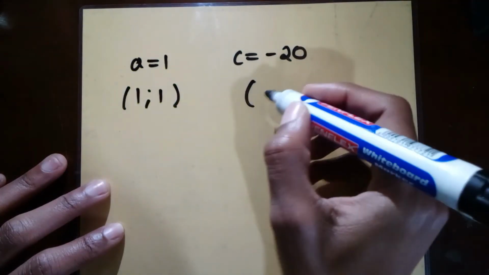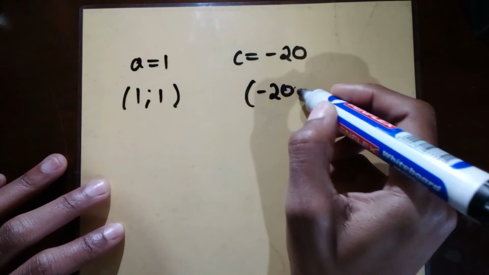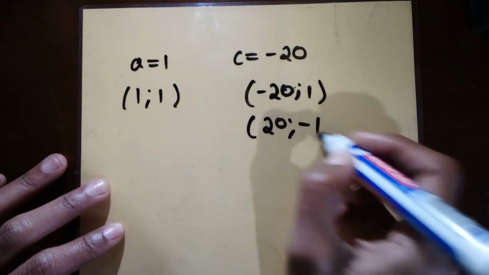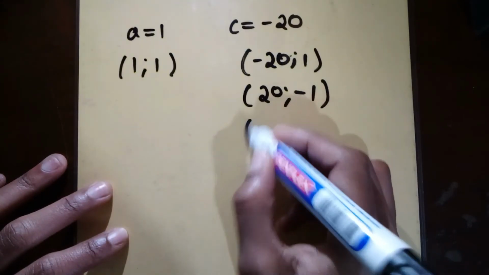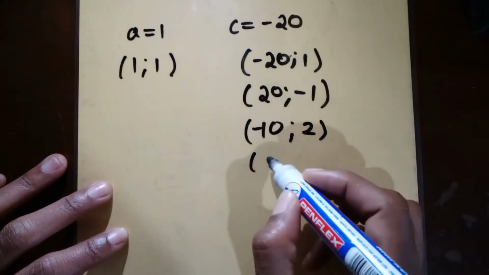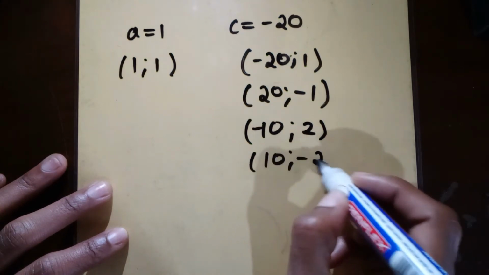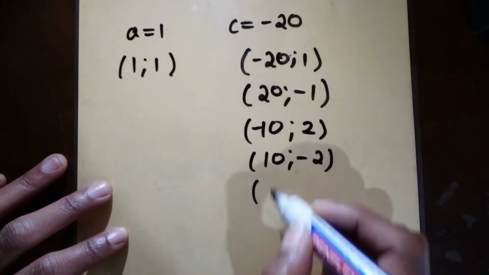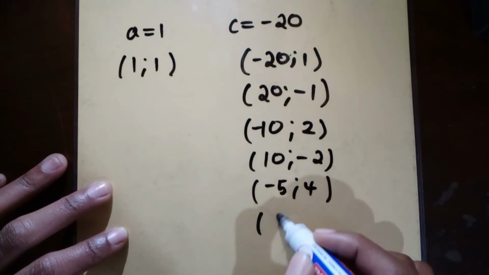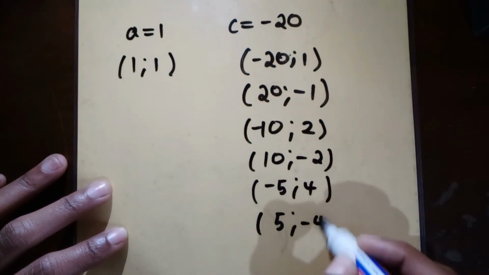For example, we can have negative 20 and 1, or 20 and negative 1. What's the other one? 10 and negative 2, or negative 10 and 2. What's the other one? We can have negative 5 and 4, and 5 and negative 4.